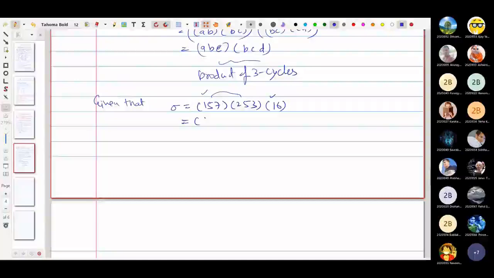When you compute, you will get (1 6 5 3 2 7). So this is a cycle of length 6.